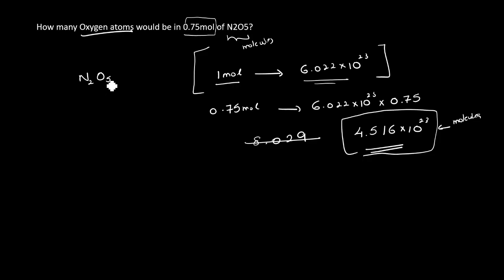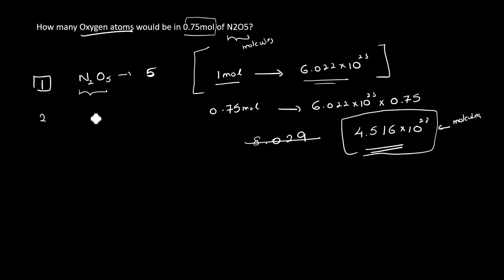Now look at this one. If you take one molecule of nitrogen pentoxide, you get 5 oxygens. Don't get confused. N2O5, there are 5 oxygens in one molecule.